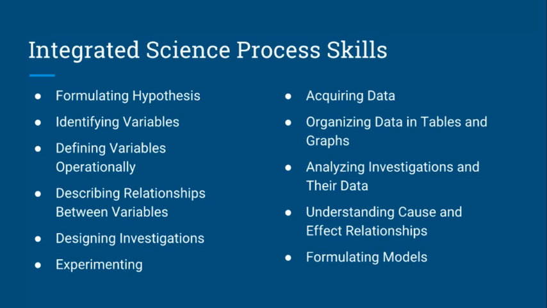And to analyze it, you sometimes have to organize that data in tables and graphs, and then know a little bit about statistics so you can analyze the investigations and the data, and then try to understand cause and effect relationships between something.